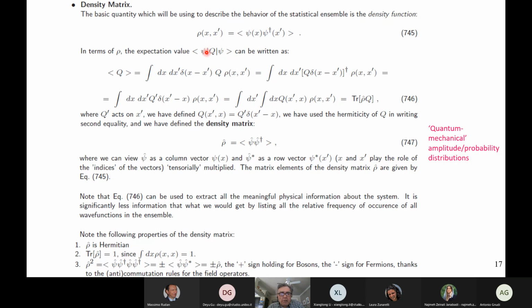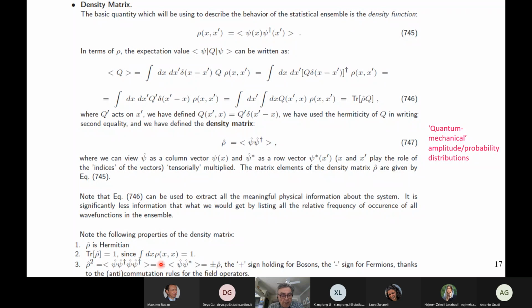Taking the product of rho by itself gives me the operator itself, with a plus or minus sign. That depends on a commutation or an anti-commutation of this field, depending on whether this field describes fermions or bosons.